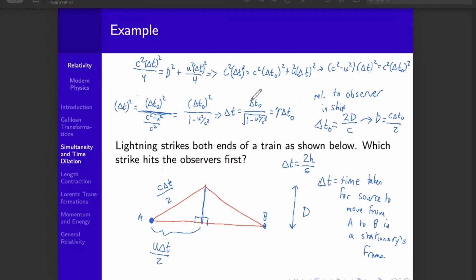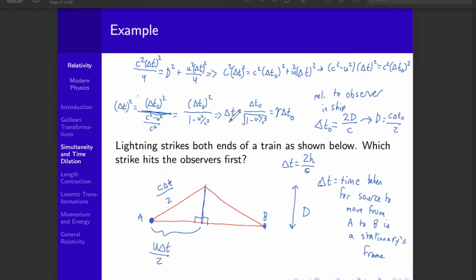So that actually tells you now that if I have something that's moving, it is actually going to read a smaller time. The clock in that moving frame of reference is going to read a smaller time than the clock for the stationary observer. Why? Well, if you plug in any velocity, or any speed rather, for u, you are always going to get a gamma that is greater than 1.